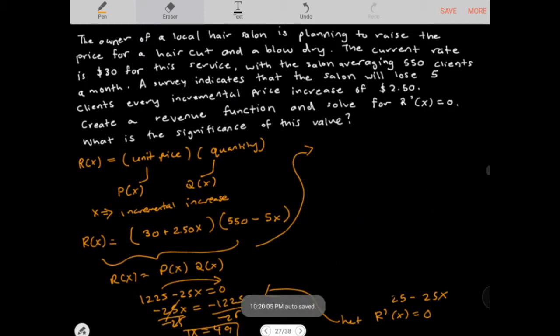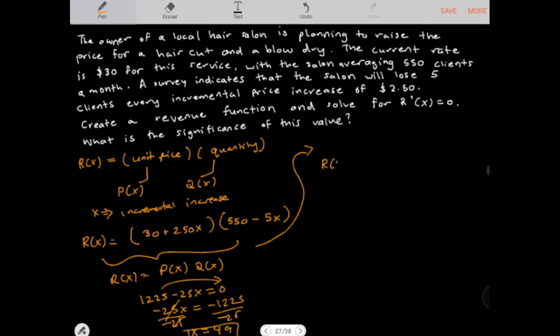So x equaling 49 is going to be the incremental increase. If we look at the revenue function, I'm going to plug in 49, and we're going to look at what happens to the unit price and what happens to the quantity. So this is going to give us P of 49 times Q of 49. Now P of 49, your demand function, is 30 plus 2.50 times 49, so the cost per service is $152.50.